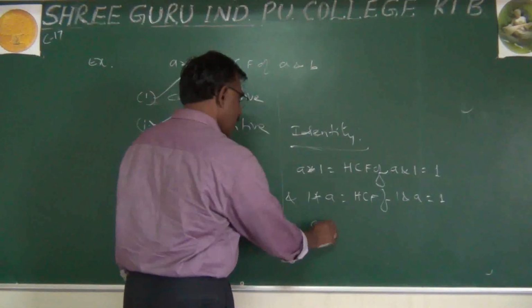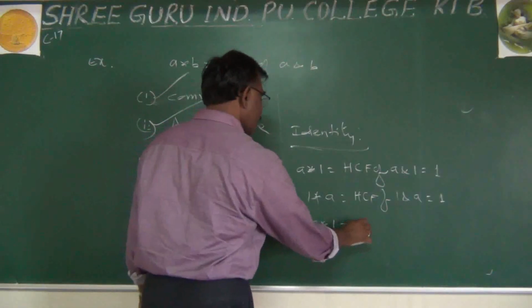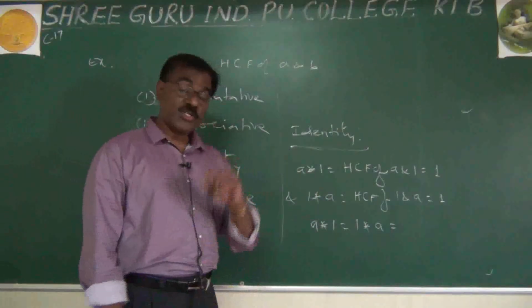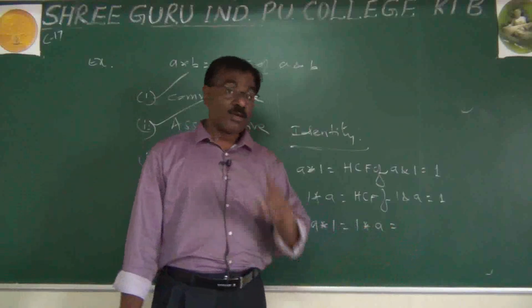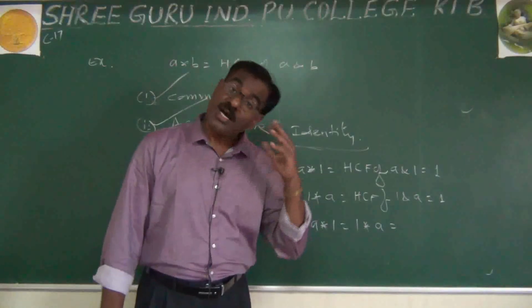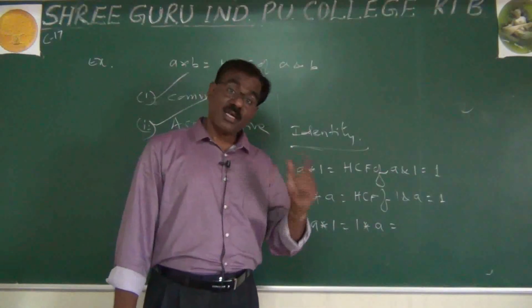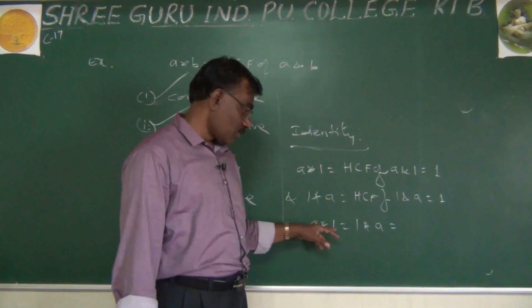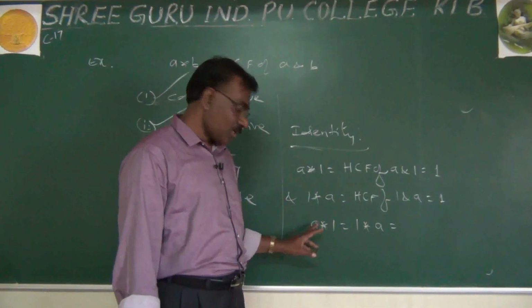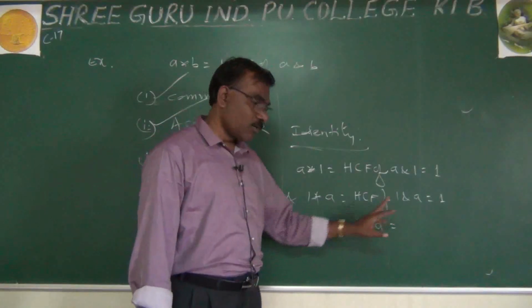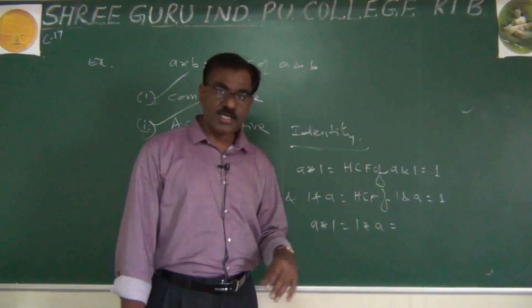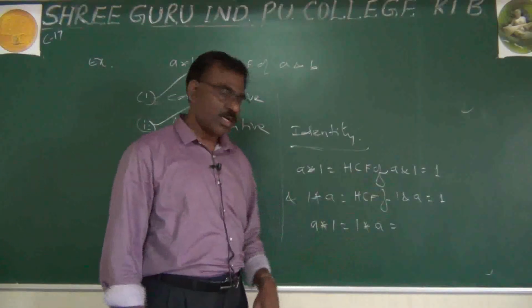Now A star 1 equal to 1 star A. When the identity exists, the result must be A. You remember, A star E equals E star A equals A only. But here A star 1 is 1. If it came as A, then 1 would be the identity, but A does not come, 1 comes.